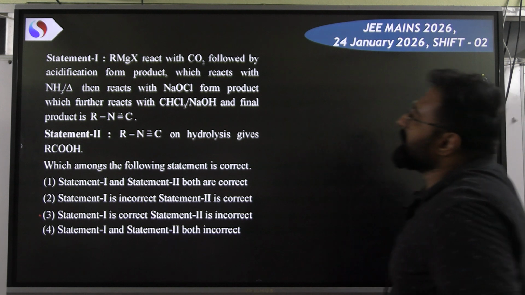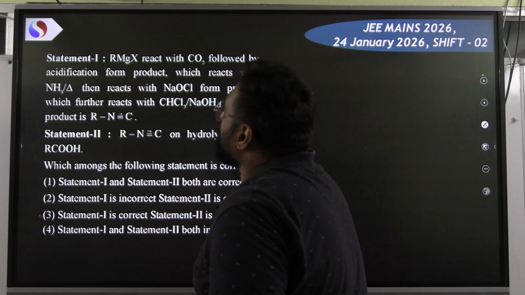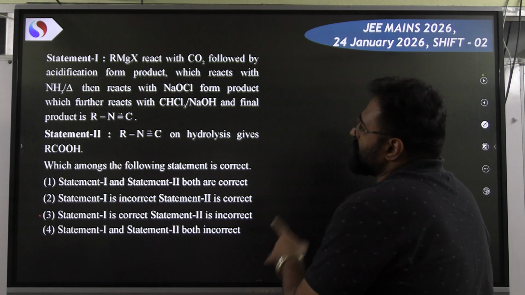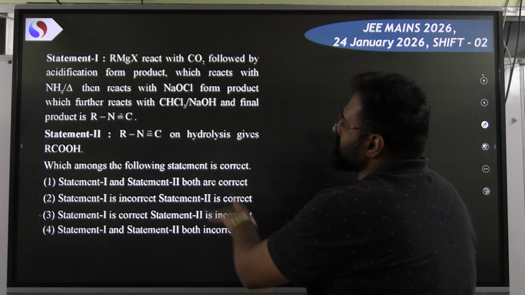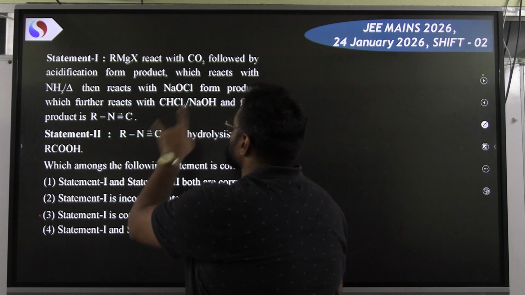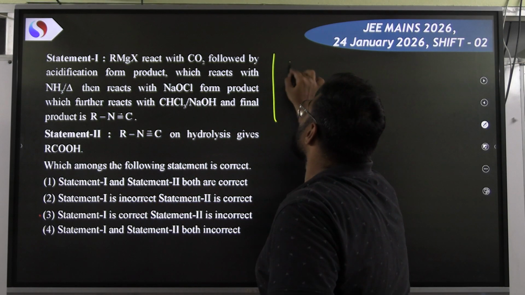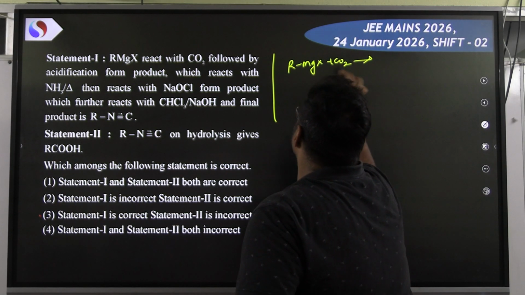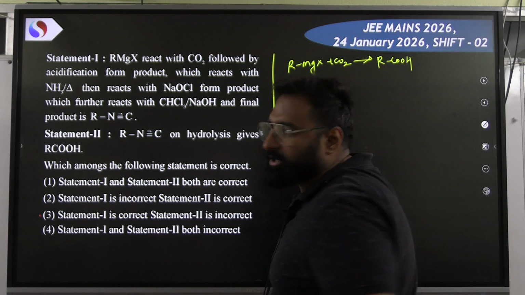Next question. RMgX reacts with CO2 followed by acidification to form a product which reacts with NH3, then reacts with NaOCl to form a product which further reacts with this, and the final product is this. Let us check. RMgX plus CO2 gives RCOOH on hydrolysis.